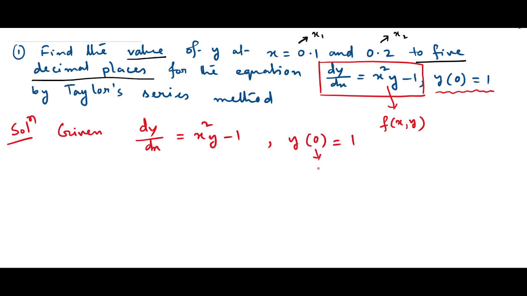So this is our x naught, and this one is our y naught. Is it clear? In the Taylor series method, we are given two initial values, x equals x naught and y equals y naught. So here 0 is our x naught and 1 is our y naught.